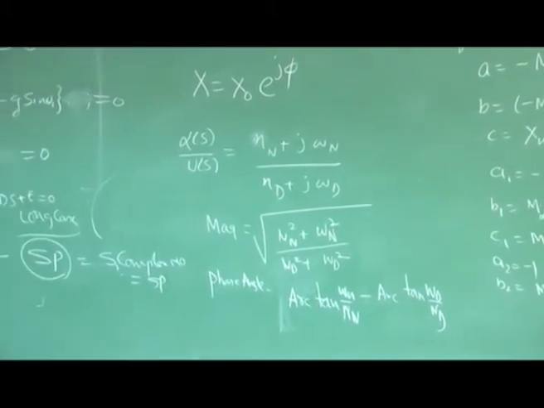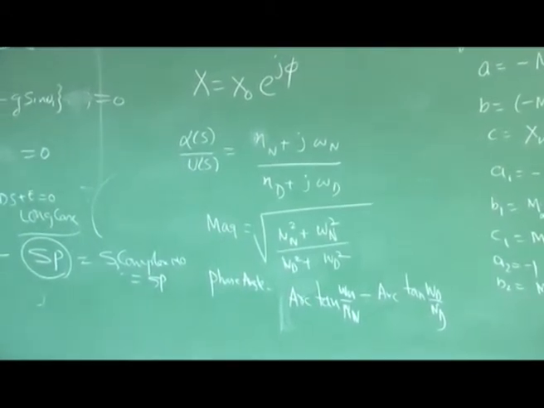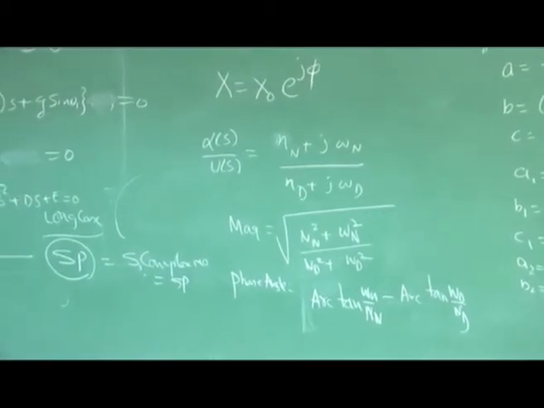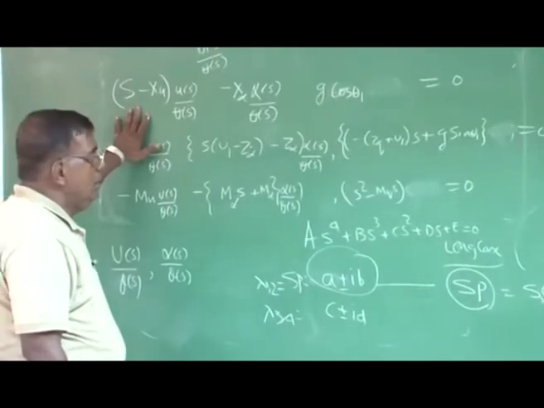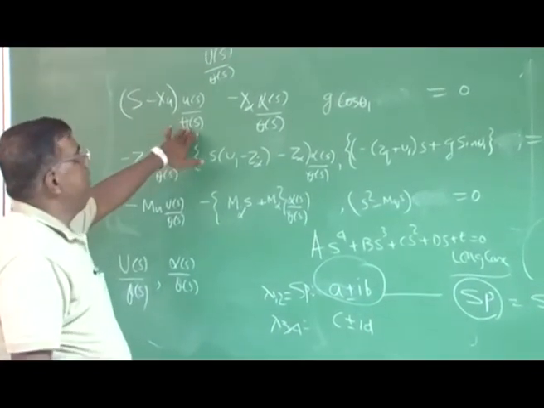So let us again revisit how I find this phase difference or magnitude to understand the mode shape of the motion variables alpha, theta and u. What do we do? We take the characteristic equation, right? Then divide by theta of s.